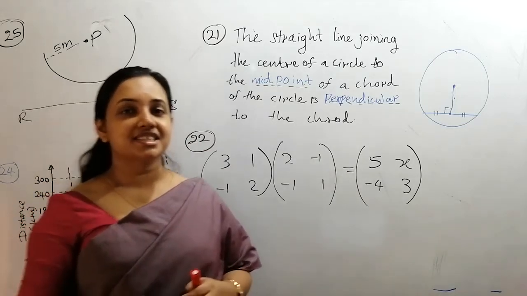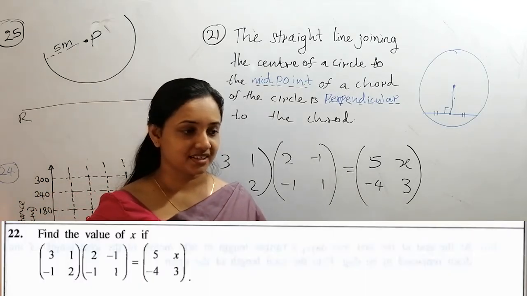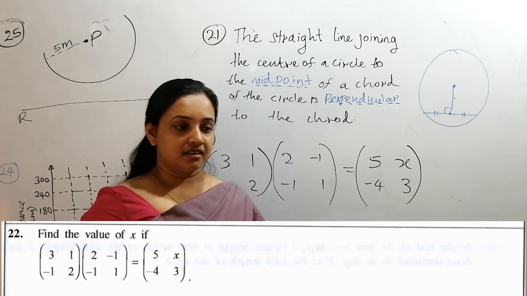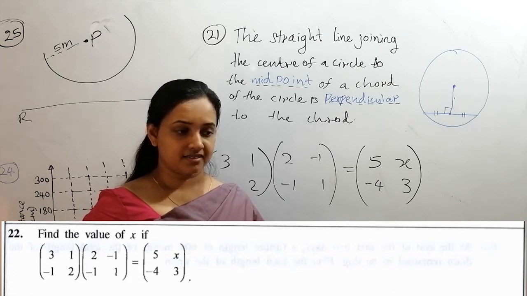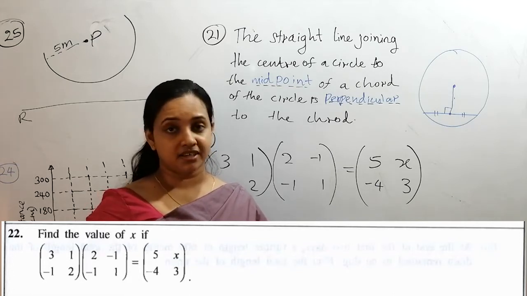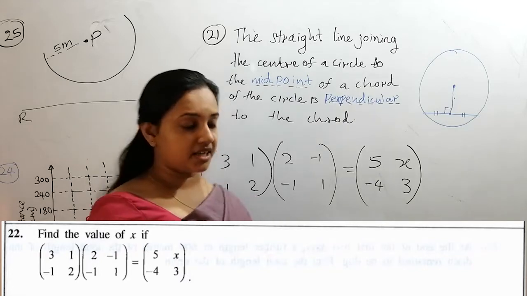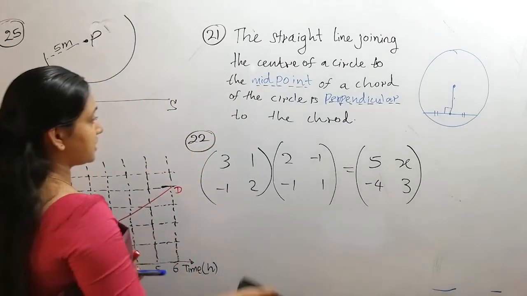Then look at question number 22. Find the value of x if the multiplication of 2 matrices is given.